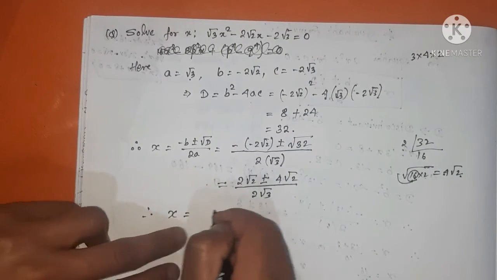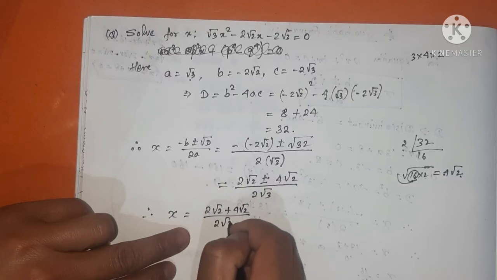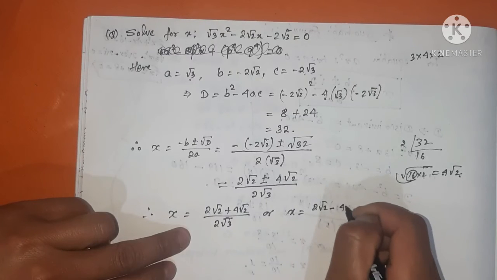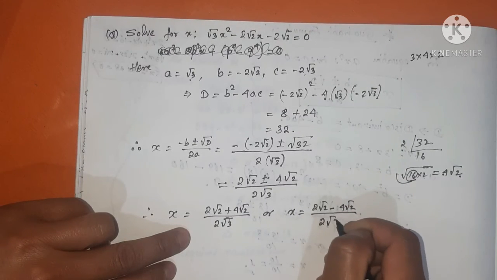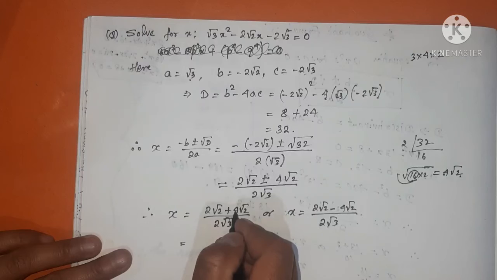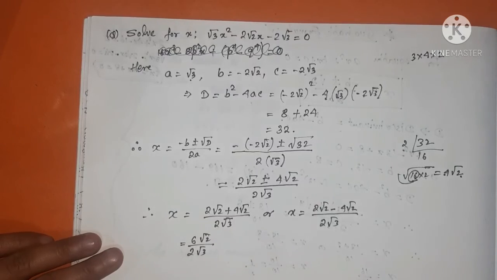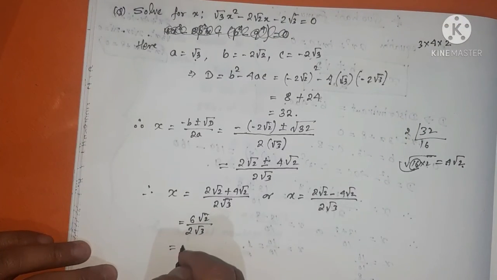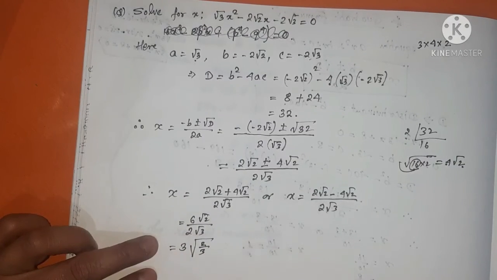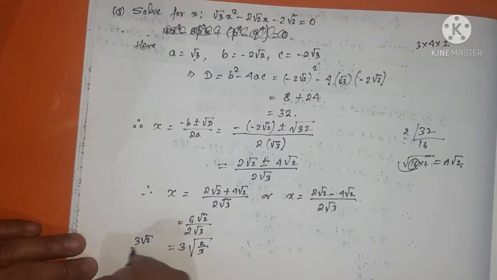Therefore, x is equal to 2 root 2 plus 4 root 2 by 2 root 3, or x is equal to 2 root 2 minus 4 root 2 divided by 2 root 3. One time plus, one time minus, without changing the other things. Here 2 root 2 plus 4 root 2 is 6 root 2 divided by 2 root 3, and 2 3s are 6, so you can write 3 root 2 by root 3.